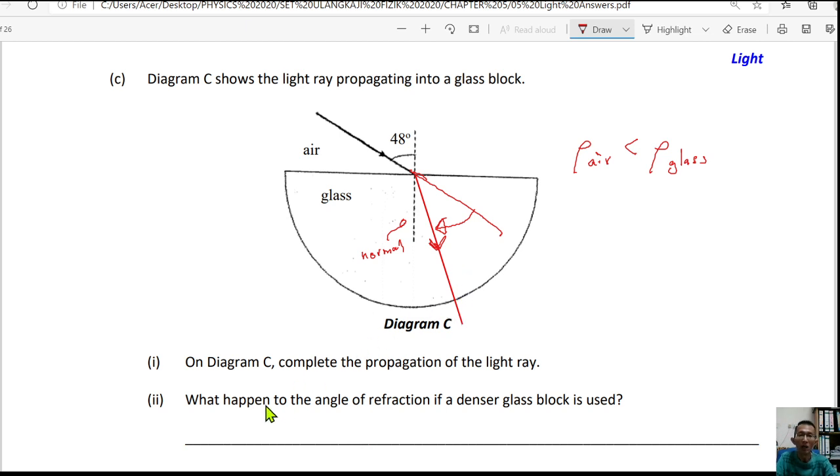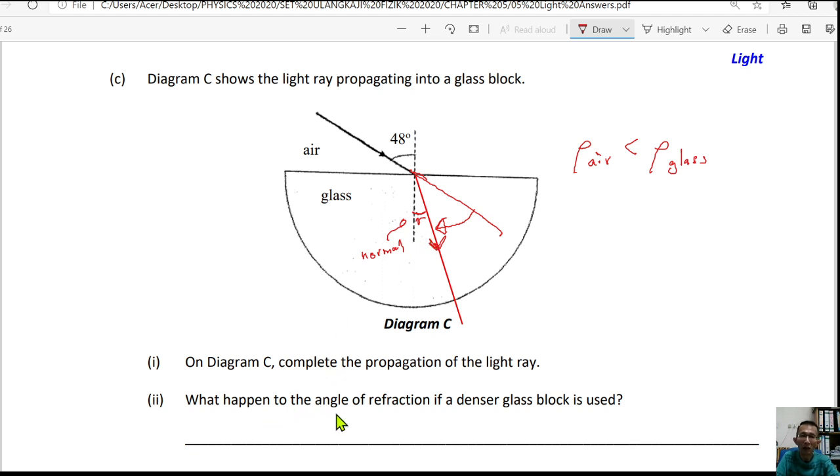Okay, so what happened to the angle of refraction if a denser glass block is used? So the angle of refraction, okay, here is our angle of refraction R. Remember, the angle is always measured with respect to the normal.